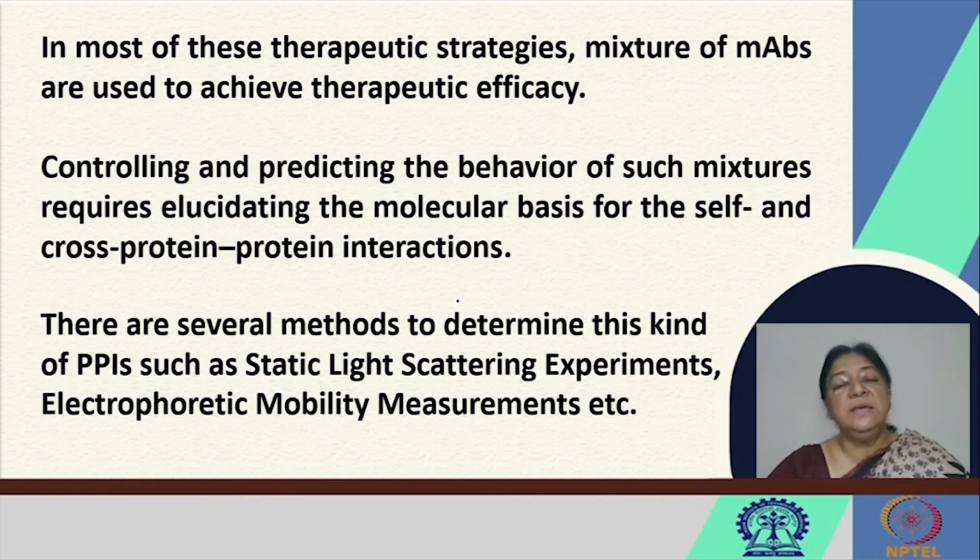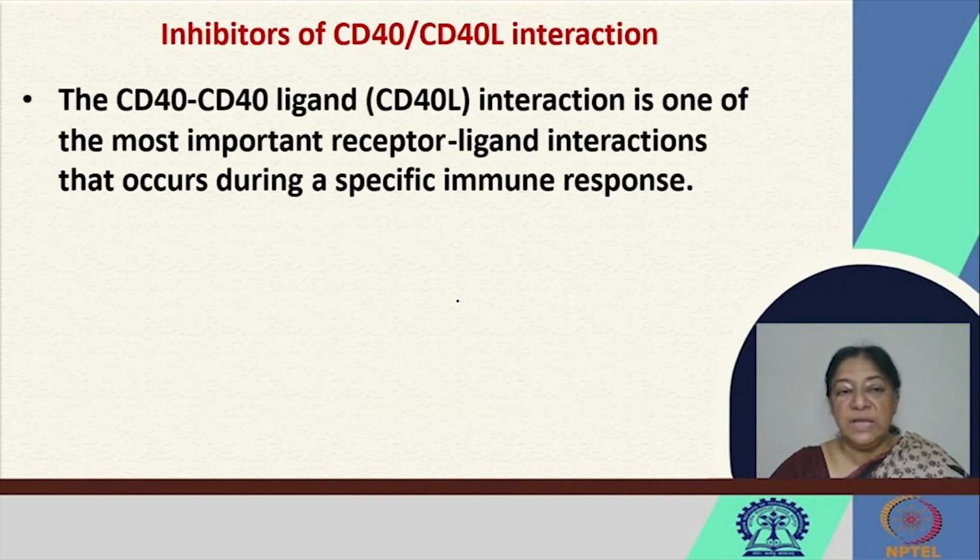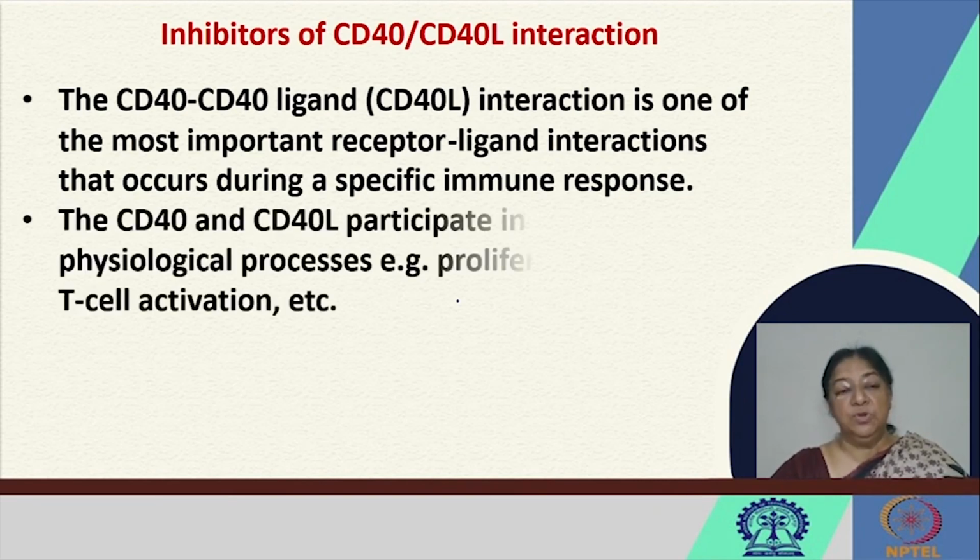The idea here is that if we have a foreign body, an antigen, many different types of antibodies are formed that are designed to bind these antigens, forming the antigen-antibody complex that can then be destroyed. For example, if we look at an inhibitor of the CD40-CD40L interaction, this is one of the most important receptor-ligand interactions in a specific immune response.